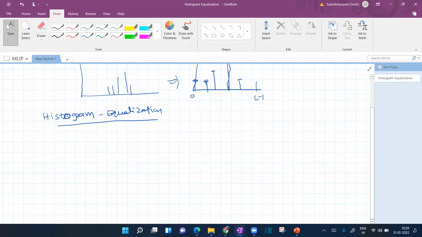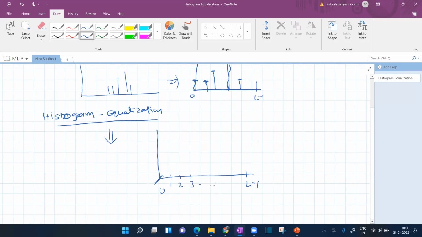Let us also say, for example, what I would essentially like to achieve here is: 0 to L minus 1 are the intensities for my histogram. Let's say I count the number of pixels having intensity 0, 1, 2, 3, and so on.